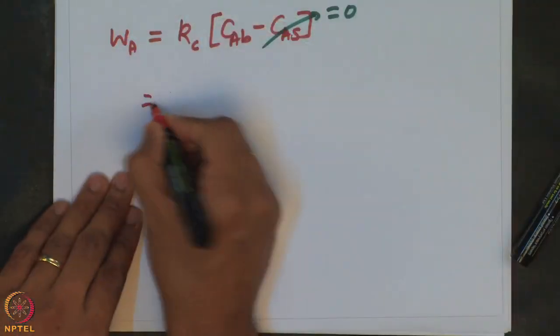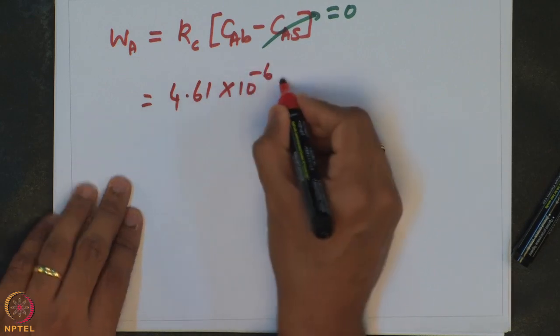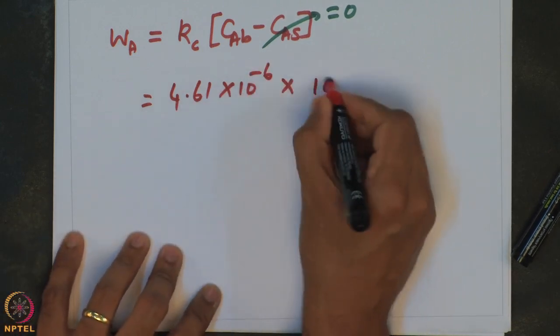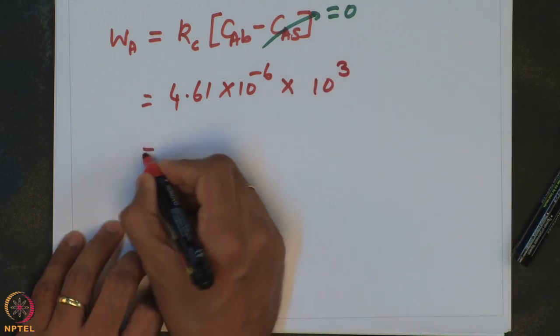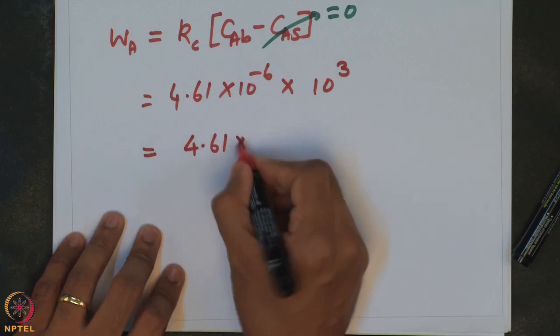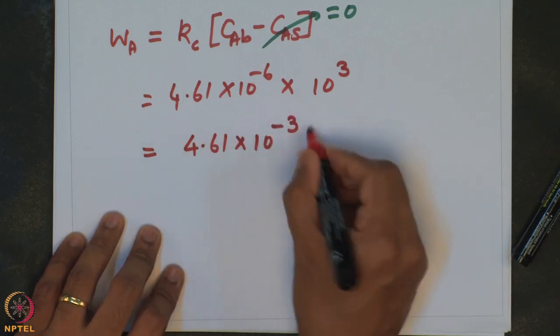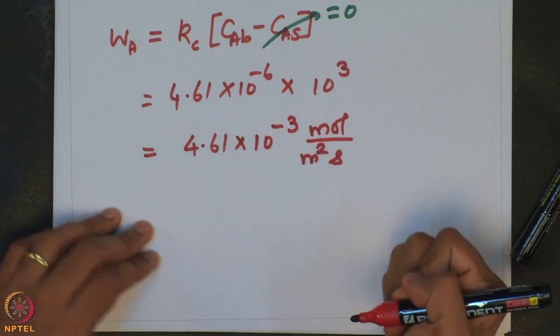So, from here we know what Kc is. Kc is 4.61 times 10 to the power of minus 6, multiplied by the concentration, which is 10 to the power of 3 moles per meter cube, and from here we can see that the flux is equal to 4.61 times 10 to the power of minus 3 moles per meter square second.